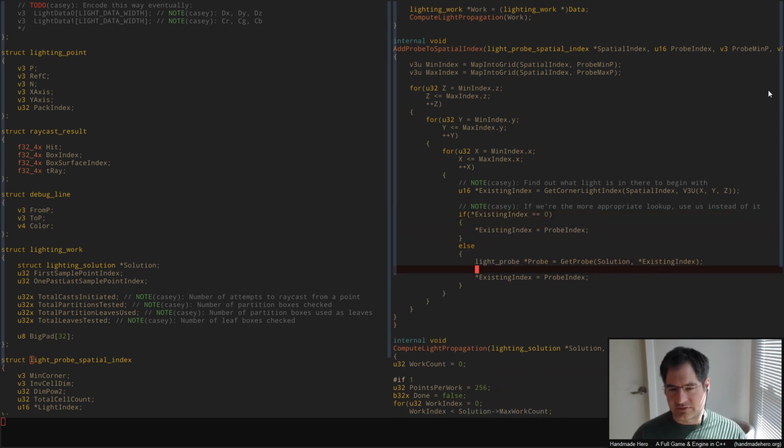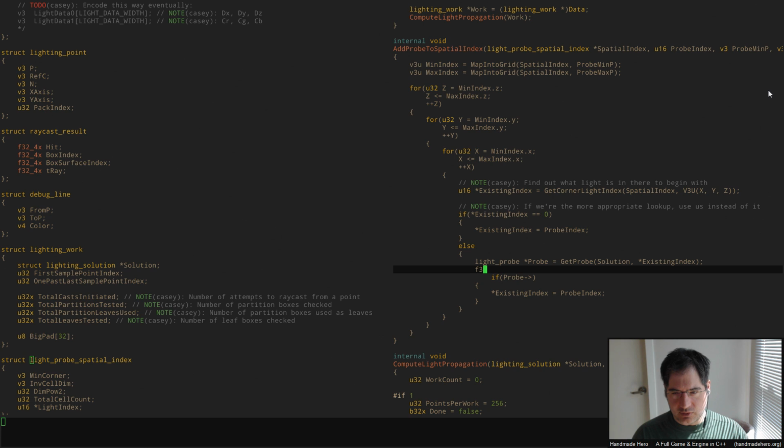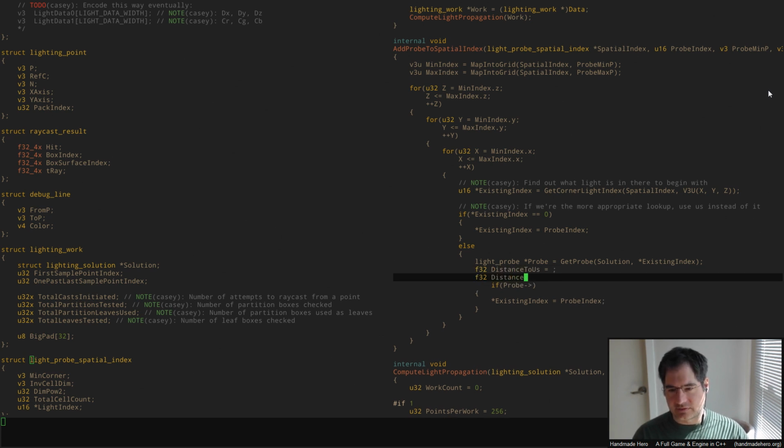I probably wrote that because I was going to do this. So what we want to do here is say, look, if the centroid of the voxel is closer to us than it is to the probe that's already in there, we'll fill it. If it's not, we won't, right? So we're going to want distance to us and distance to existing, and then compare those.